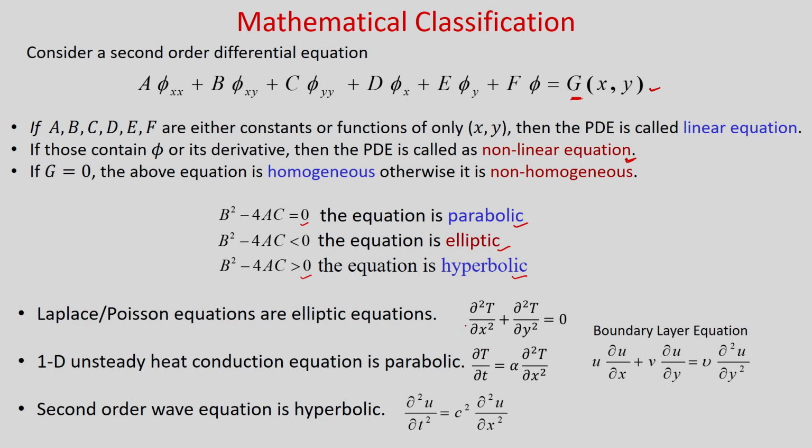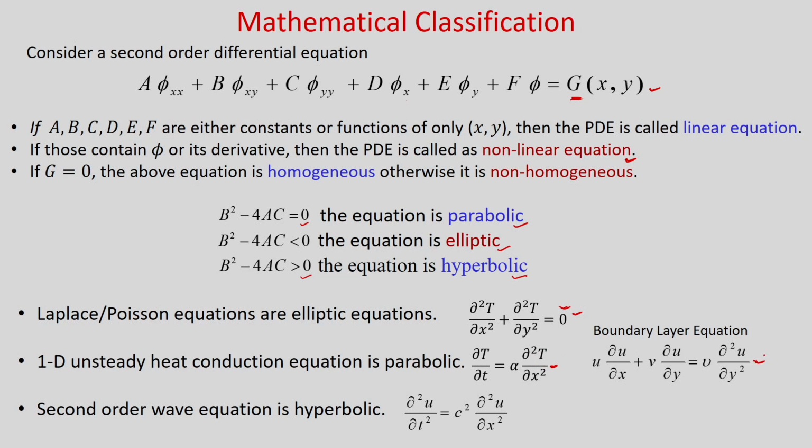Okay, so you can have some examples. You can have the Laplace equation and the heat conduction equation. If you find b square minus 4ac, you will find it is less than 0, so it is elliptic. For the 1D unsteady heat conduction equation, you will get b square minus 4ac as 0, so it is parabolic.